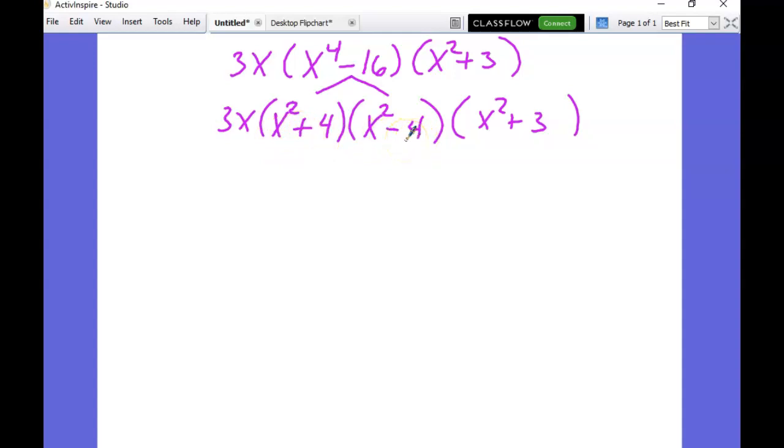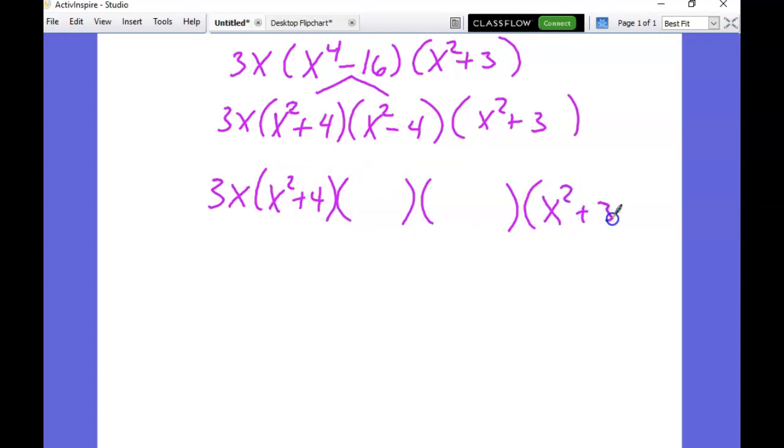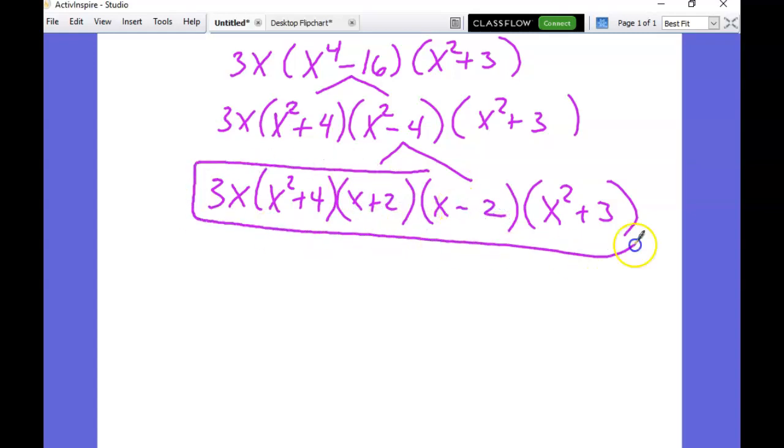Sure is. What's it break up into? Now we're done. Because this is not a difference. We've already said this is not a difference of squares, that's not a difference of squares, and these are not squares anymore. So we're done.